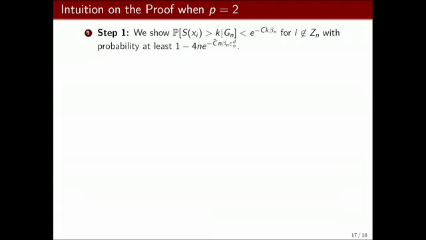The first thing we do is we show that for this random walk, the stopping time is greater than k with probability that's quite small, and this happens with probability which is quite large. I want to be quite clear about this. This probability itself depends on the graph. The graph is itself a random variable, so we have two probabilities in play.